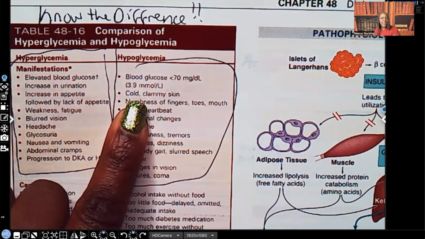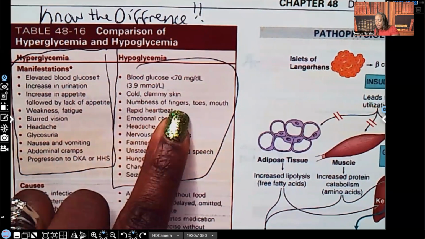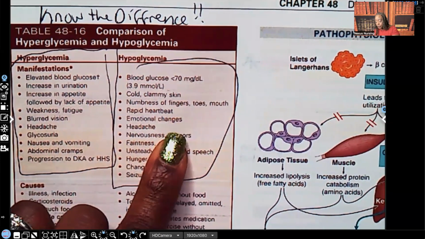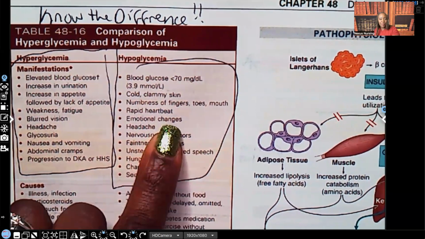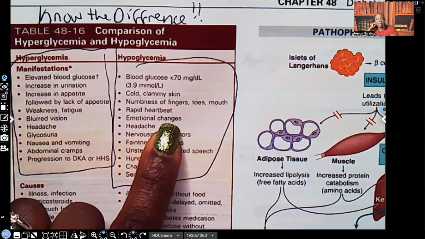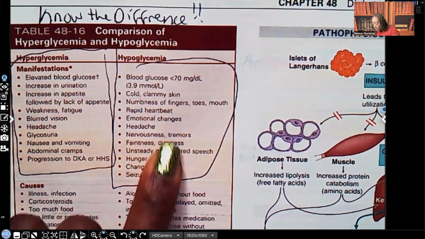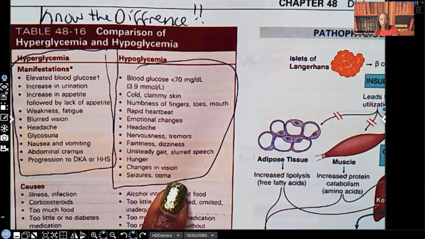That word clammy means like wet, they're sweating. Feeling numbness in the fingers or toes. Rapid heartbeat, tachycardia. Emotional changes, headache. Let's go back to emotional changes. You ever been hangry? You're so hungry, you are angry, you're mean to anybody that looks your way? Yeah. Faintness, dizziness, hunger, changes in vision, seizure, coma.